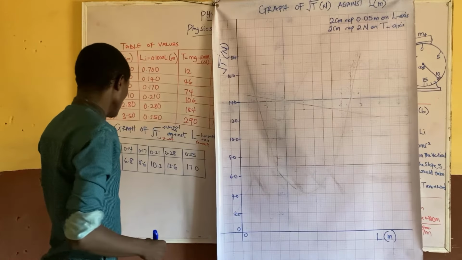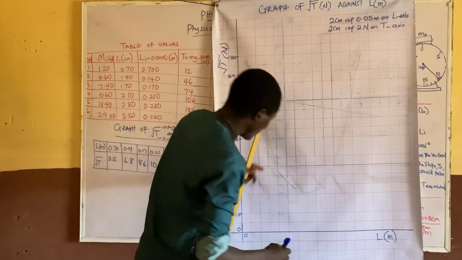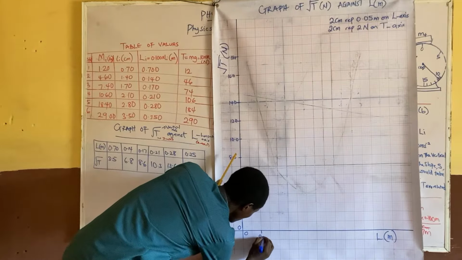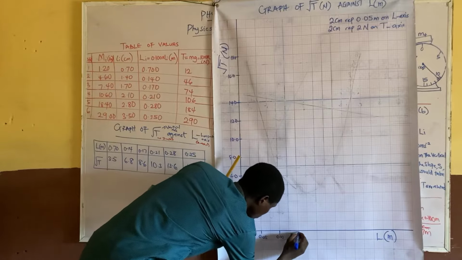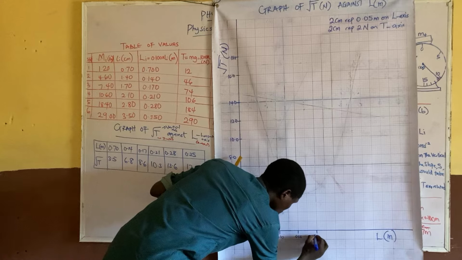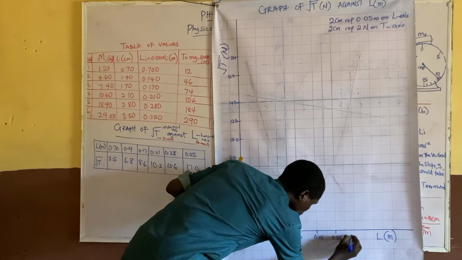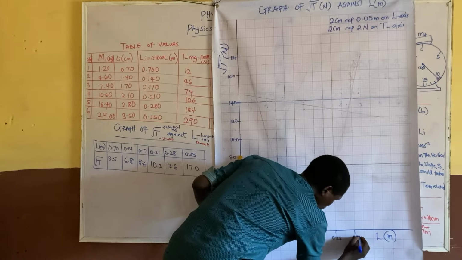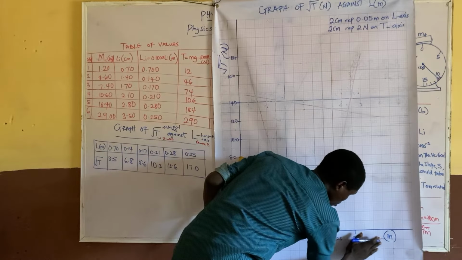Now for the L, we use 2 centimeter to represent 0.05. So we have 0.05, 0.10, 0.15, 0.20, 0.25, 0.30. Let me clean this. Okay.